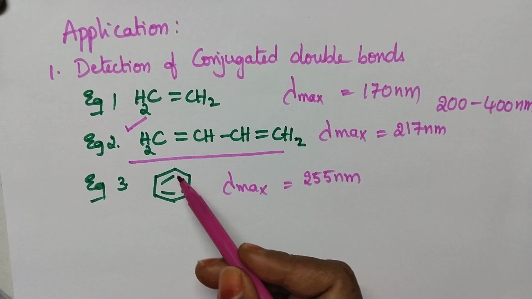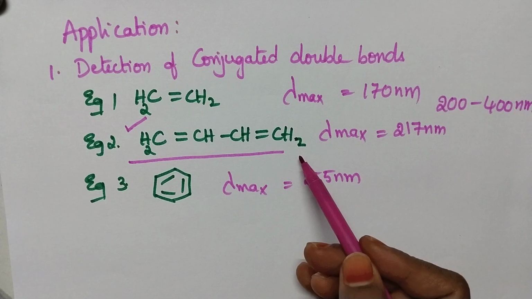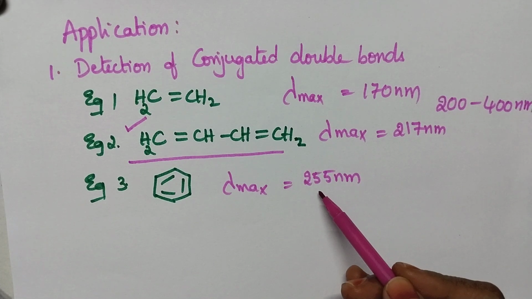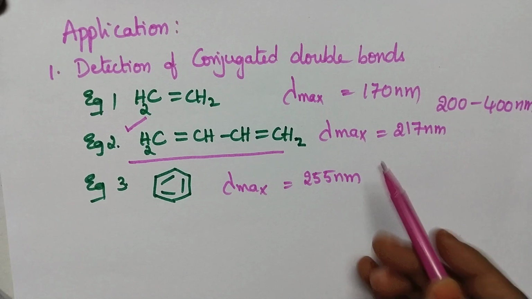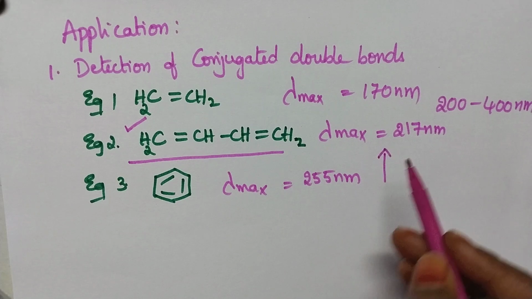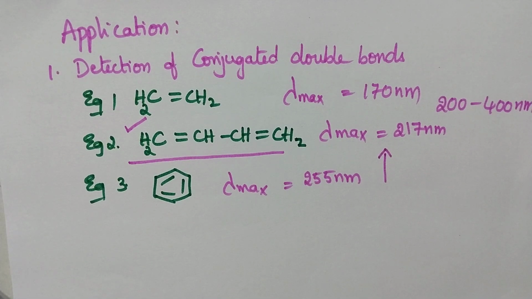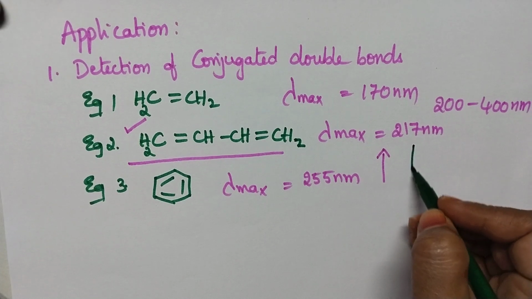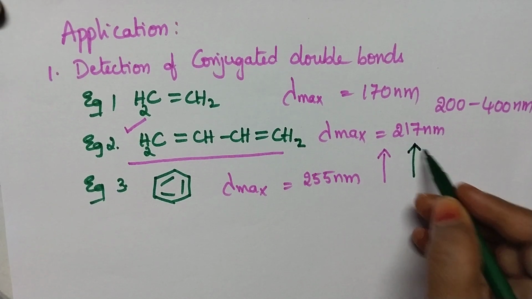Coming to benzene, it contains three double bonds and hence the absorption maximum is observed at 255 nanometers. That means as the number of double bonds in conjugation increases, the absorption maximum will be shifted to the longer wavelength region.